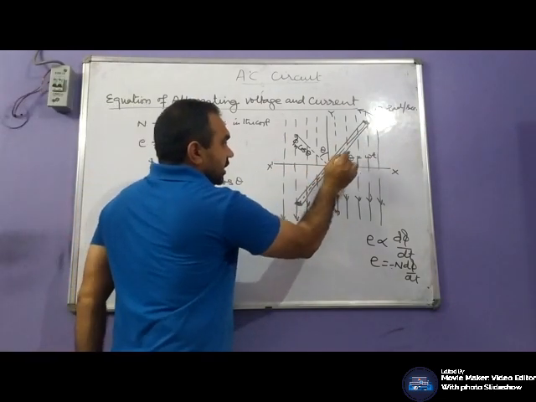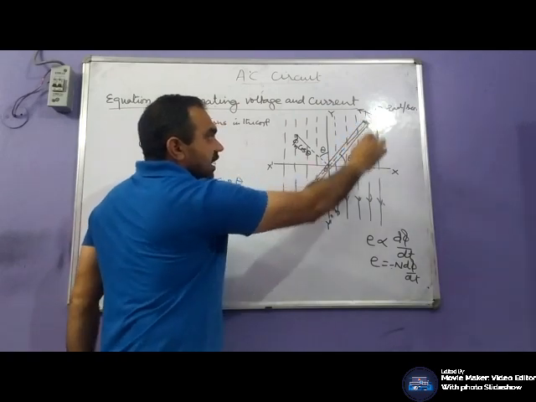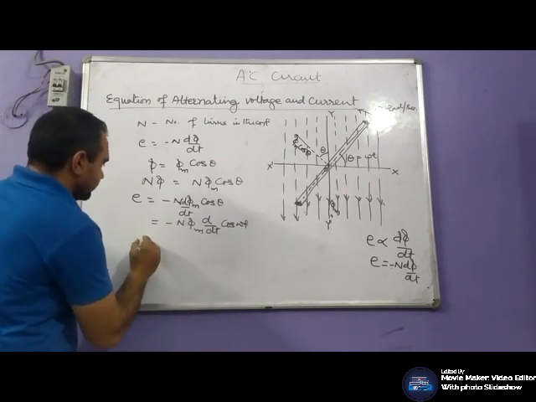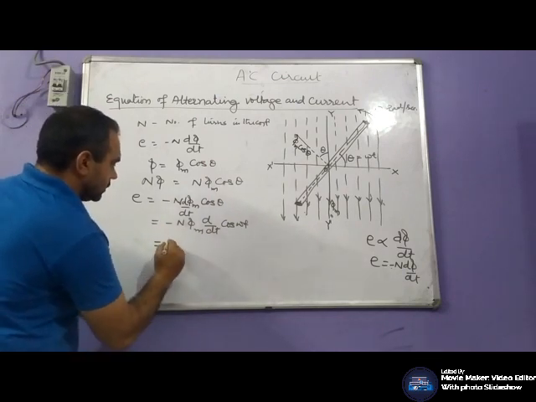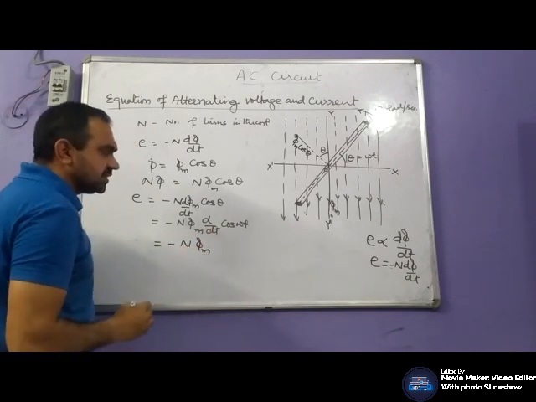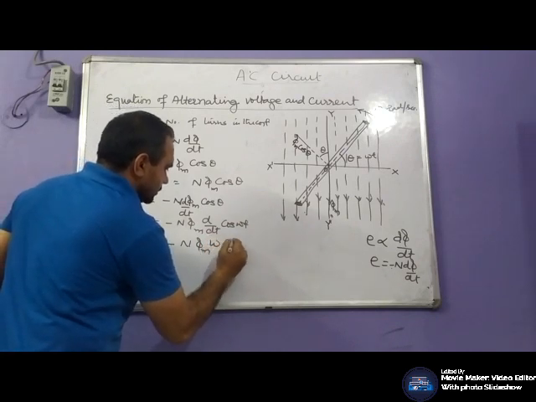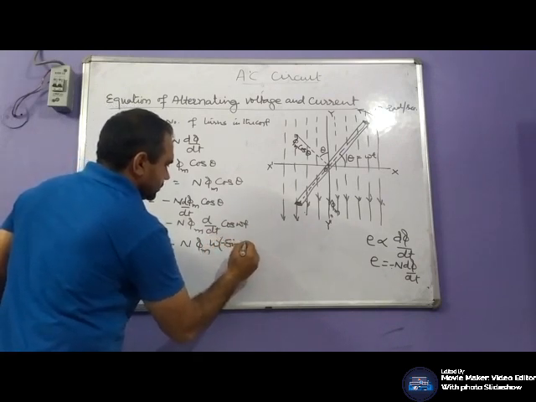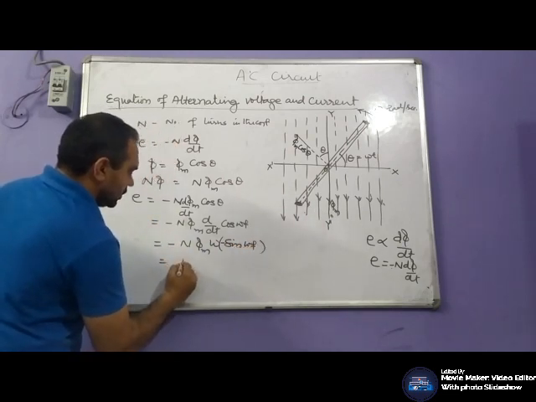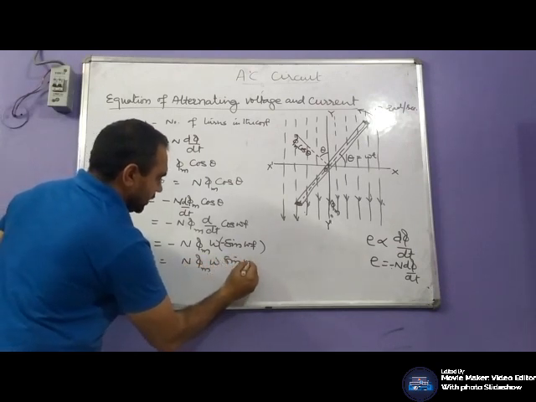T is the time in which it is rotated by an angle of theta, and omega is the angular velocity, and this time is in seconds. Or minus n phi m, differentiation of cos is minus sin omega t, so e equals n omega phi m sin of omega t.